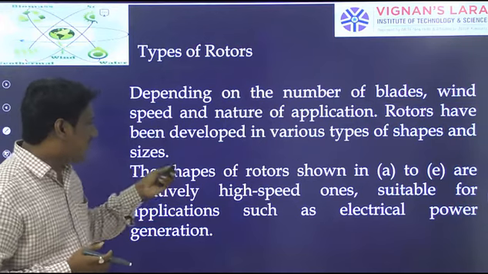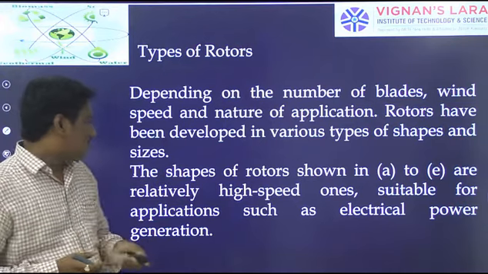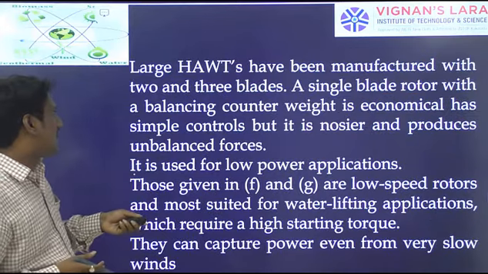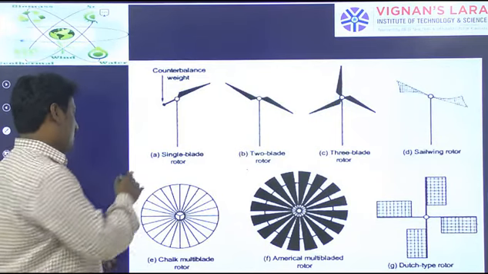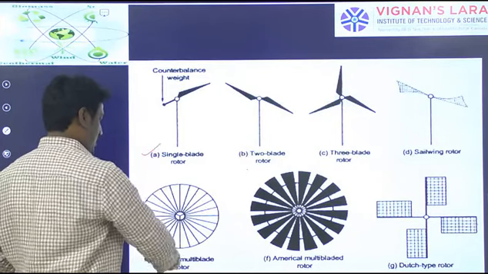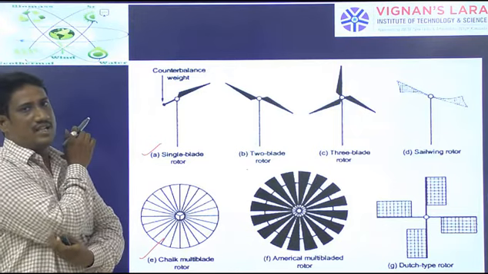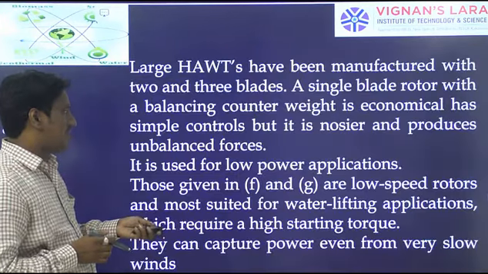The rotor shapes shown in A to E are relatively high speed ones, suitable for applications such as electrical power generation. You can observe here, A to E are high speed rotors suitable for high power generation.